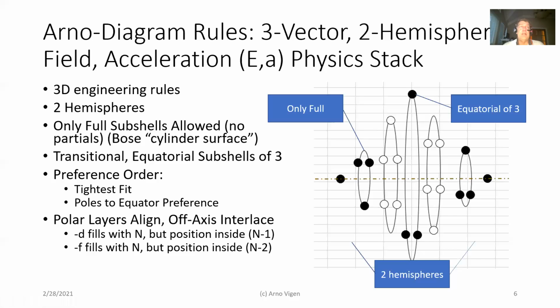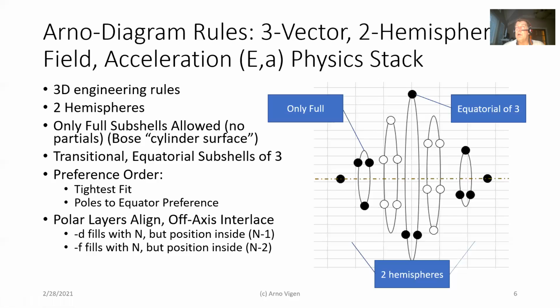in a full subshell. Now remember, these things have only full subshells, and a preference order is the tightest fit, working from the poles to the equators. But remember that that's not fair. If I have 8, say I have 1, 2, 3, 4, plus 4 is 8, that's fine. But if I have 10 in the outer subshell, I can't build there because this would be incomplete.